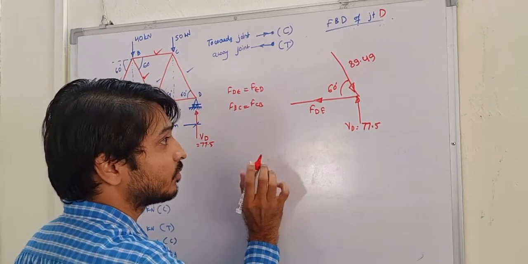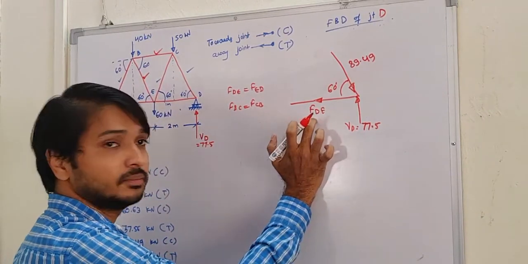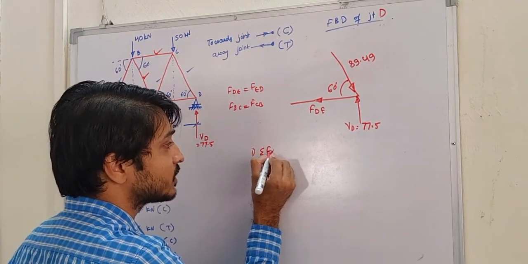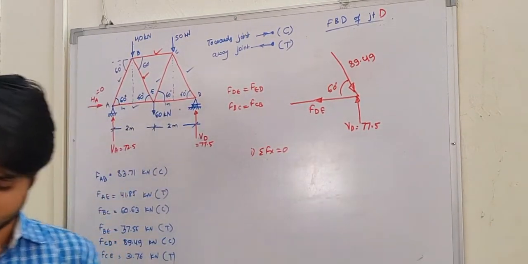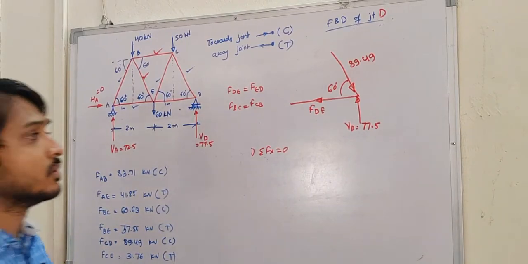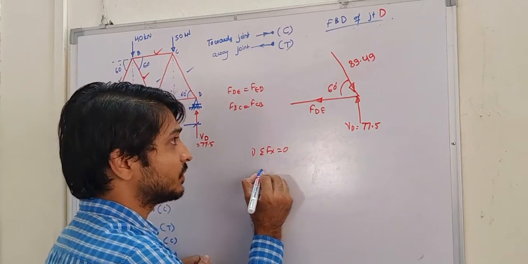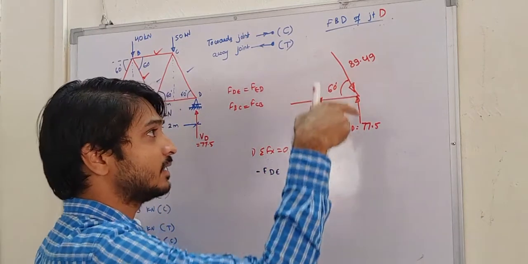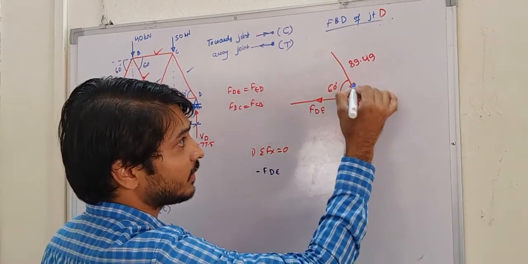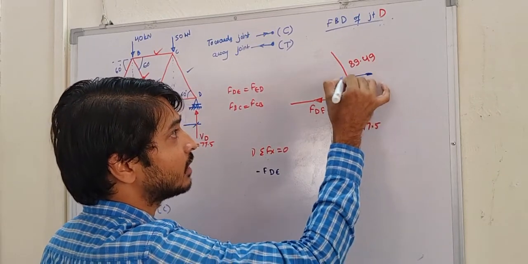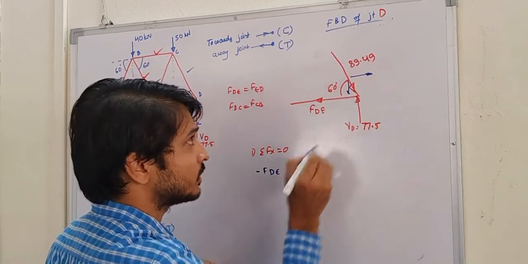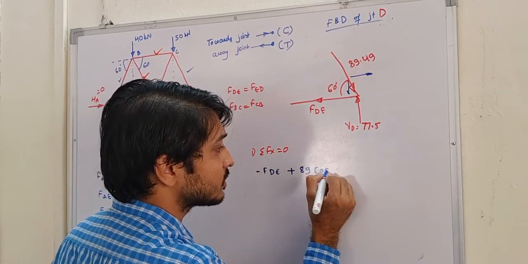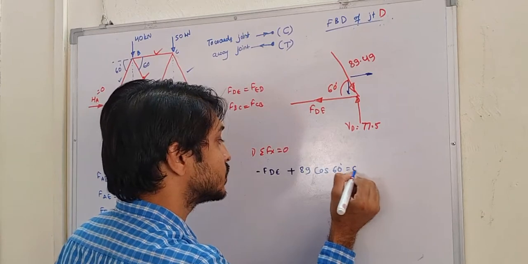So what we'll do, this is horizontal, so directly we'll use first equation, that is summation of Fx equals to 0. So summation of Fx equals to 0, that is minus FDE, and then this if I resolve this, one will be like this and one will be like this, correct? So I want this one, that is plus 89 cos 60, which is equals to 0.